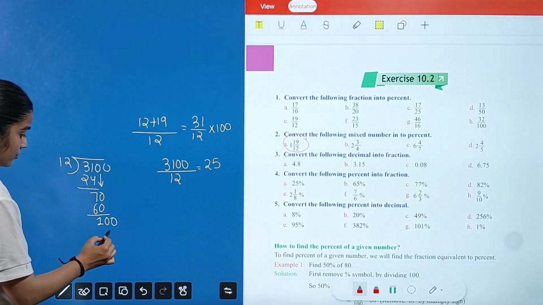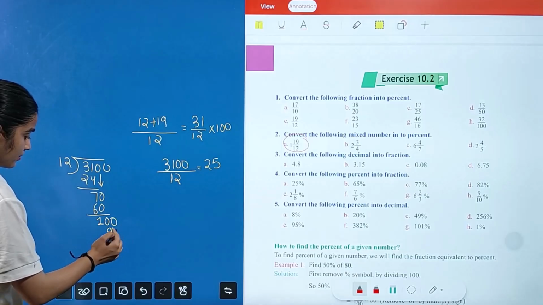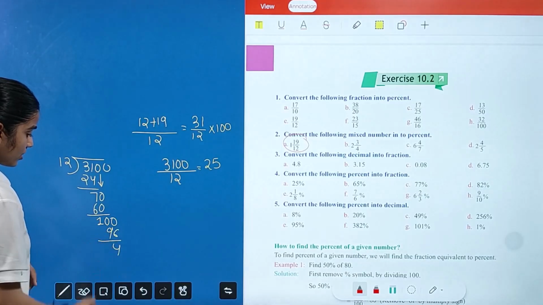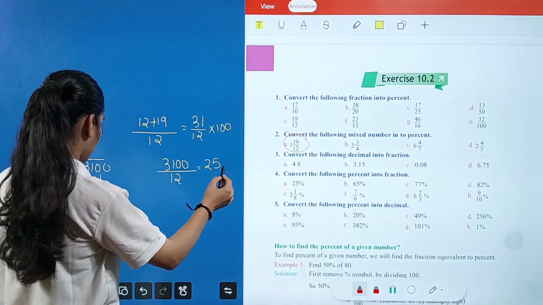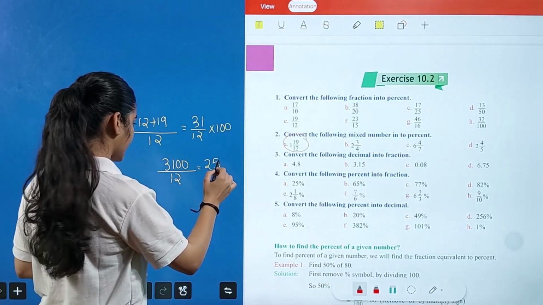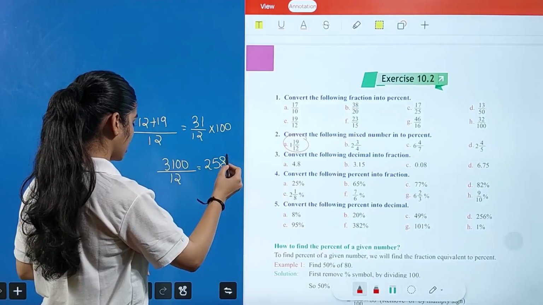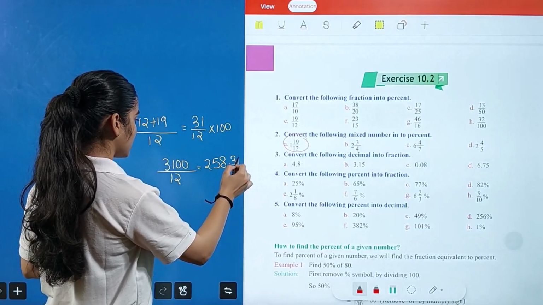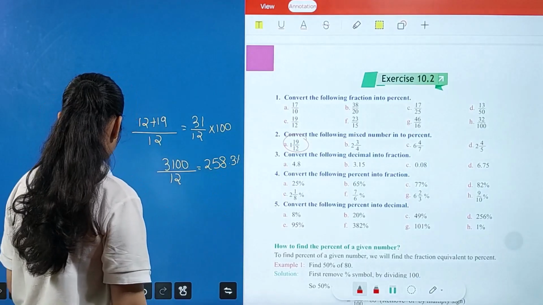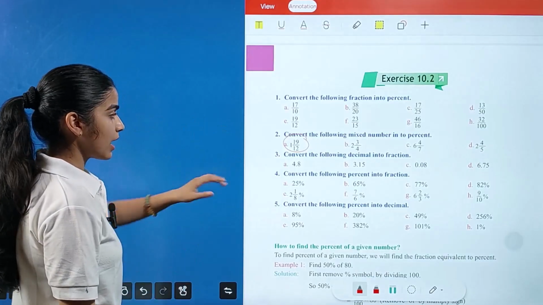For 100 we have to take 96 and 4. So your answer is 258.40. For 40 we have to take this much, this is your percentage. So in the same way you have to do the rest of the parts you have in question number 2.